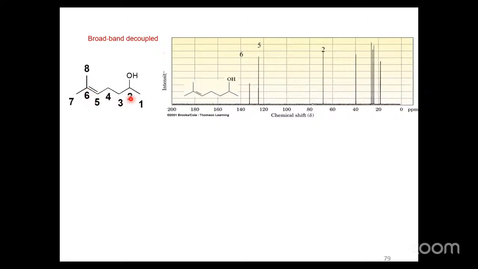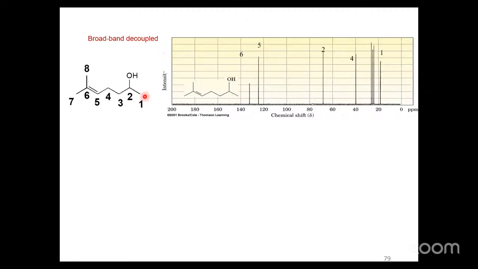Let us now worry about 3, 4, 1 and 7, 8. So how to get it? You can easily get C4 because it is the next de-shielded carbon attached to the olefinic carbon. So the signal which is coming at 40 is due to the C4 carbon.